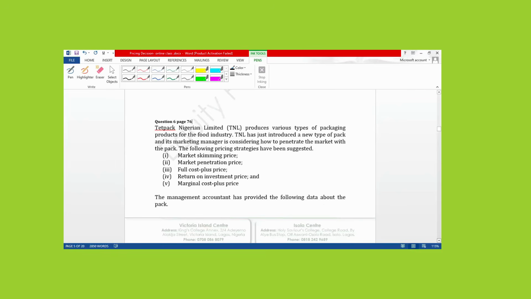I'll read. Third Park Nigerian Limited produces various types of packaging products for the food industry.